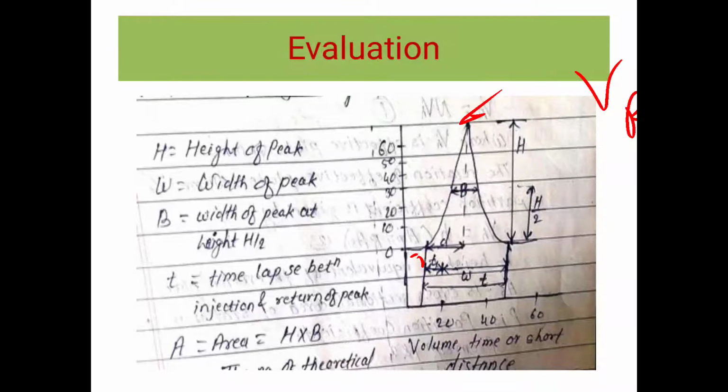The time lapse between the injection and the peak is t, and A, the area, is equal to H into B, where H is the height of the peak and B is the width of the peak at h by 2, that is, at half height of the peak.